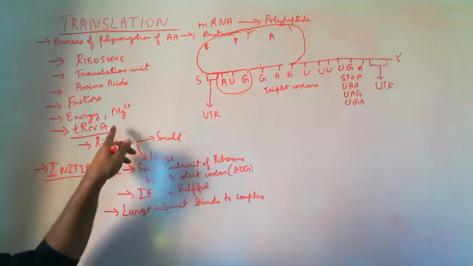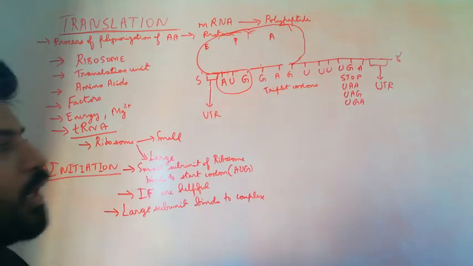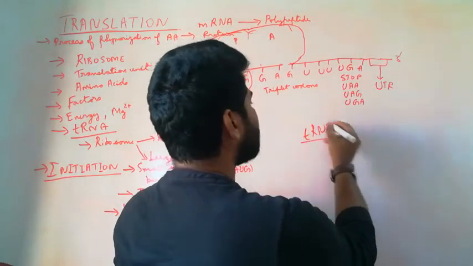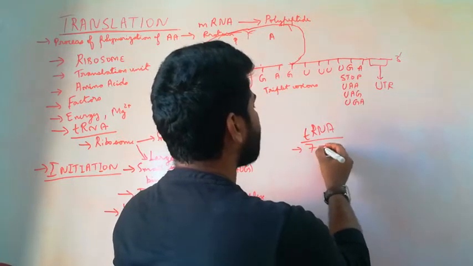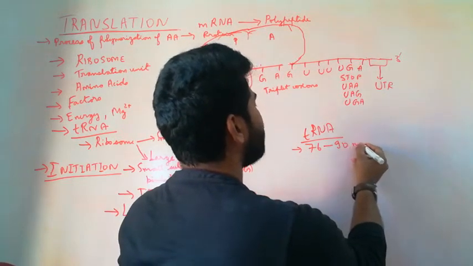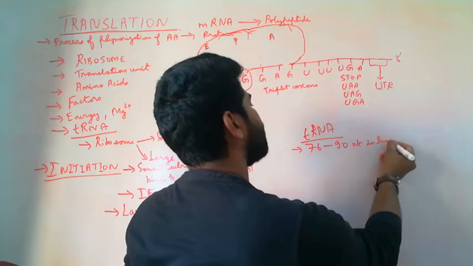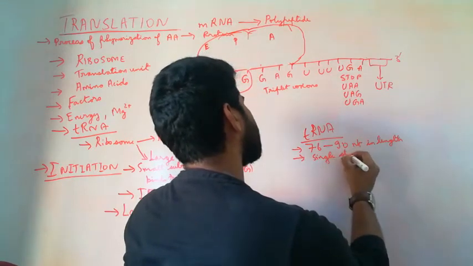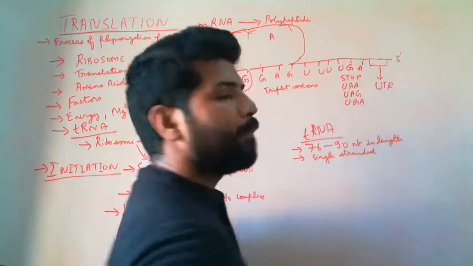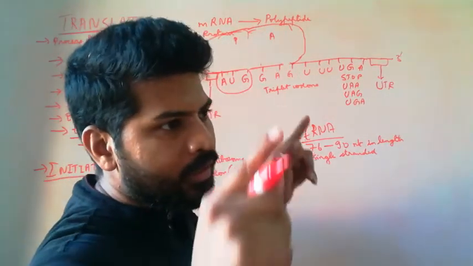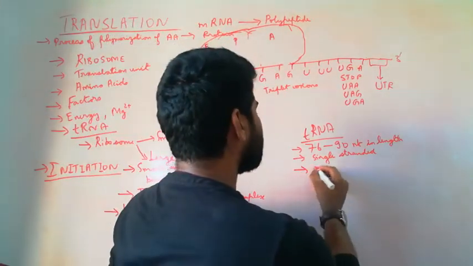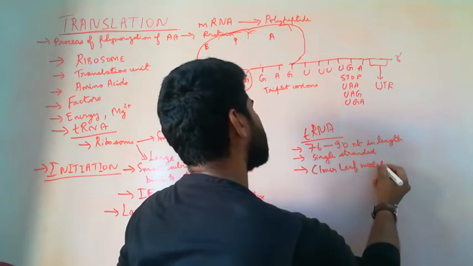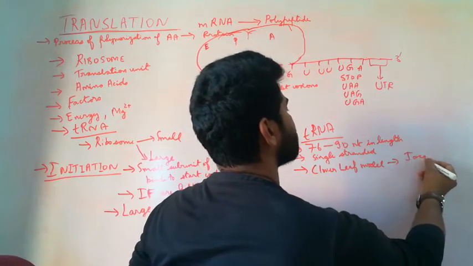So the tRNA molecule is nothing but the adapter molecule or transfer molecule. A typical tRNA molecule is around 76 to 90 nucleotides in length. It is a single stranded molecule, but it will bend and coil in such a way that its structure is called the clover leaf structure, which was proposed by Jacques Monod.